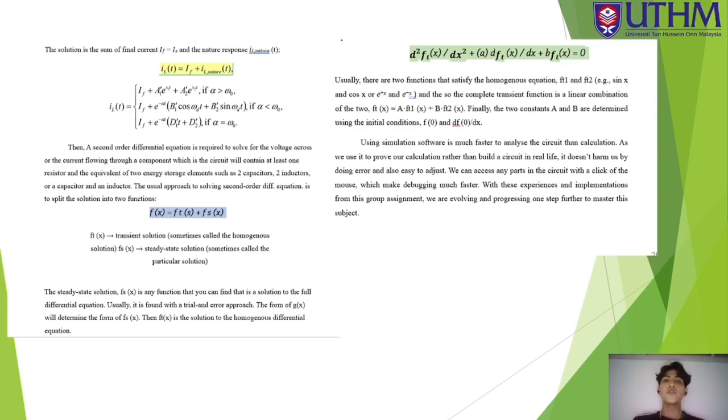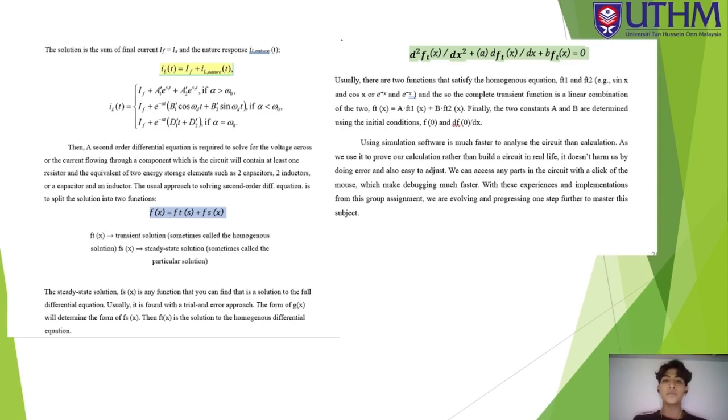Usually, there are two functions that satisfy the homogeneous equation, ft1 and ft2, for example sin t and cos t, or e to the power of plus t and e to the power of minus t. And so the complete transient function is a linear combination of the two: ft(t) equal to A ft1(t) plus B ft2(t). Finally, the two constants A and B are determined using the initial conditions f(0) and df(0) over dt.